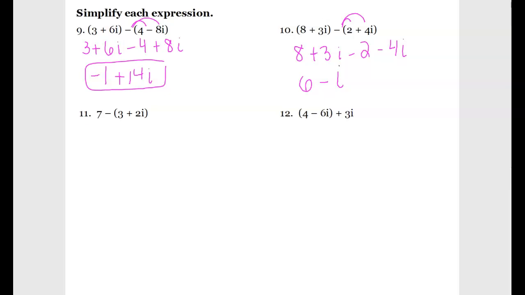There's only one i term, so we're going to combine the reals and leave the imaginary. And then in 12, the real stays, and we're going to combine the i's. So negative 6i plus 3i is negative 3i.